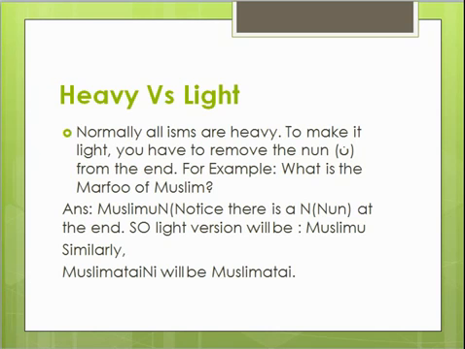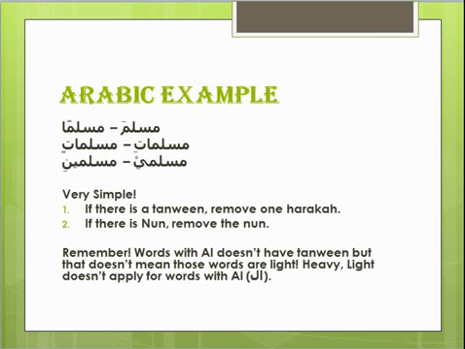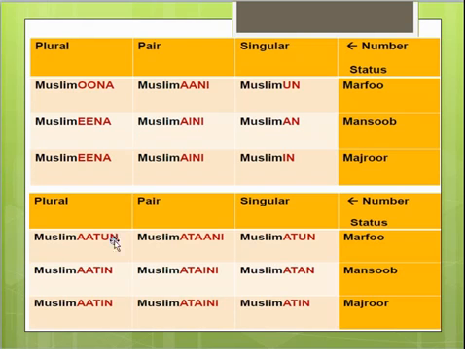So that's the idea. Now let's have a look at the Arabic. The Musliman has become Muslima. Since there is no tanwin, the alif was gone also. Muslimatin has an N at the end which is hidden. If you look at the English pronunciation, you will find it. Here you see, there's an N. If you remove it, it becomes Muslimati.